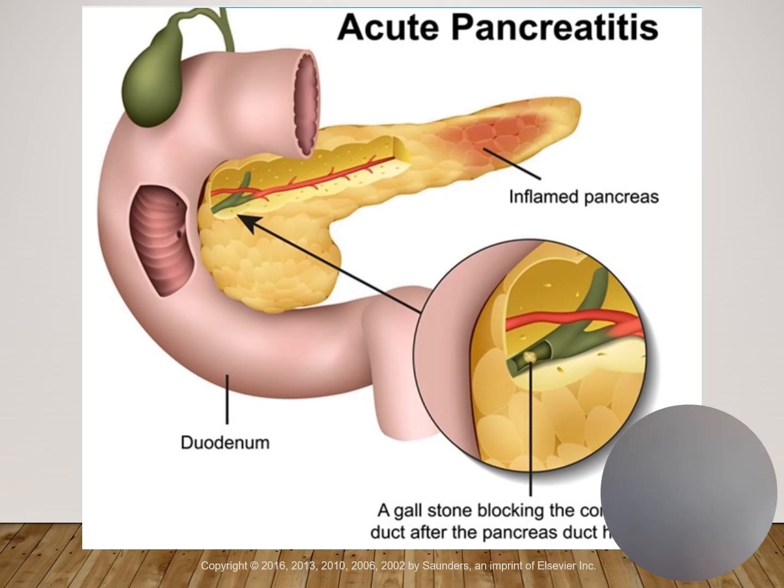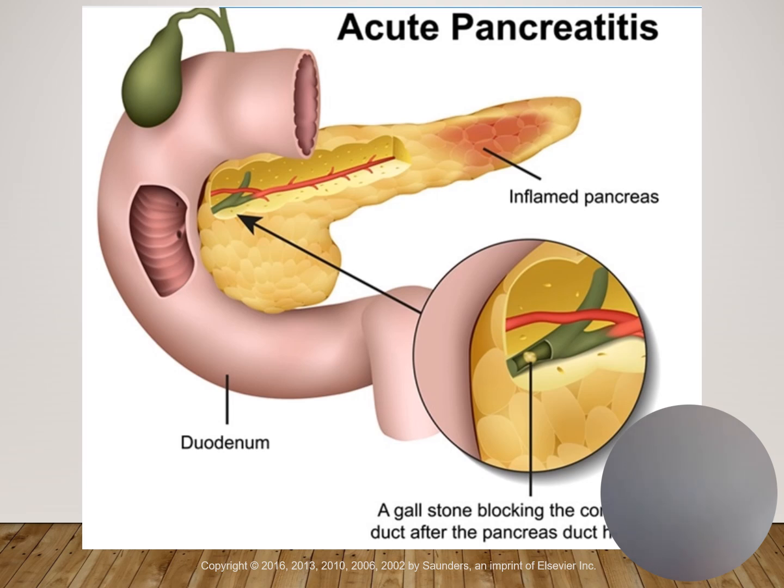So with acute pancreatitis, we need to first of all look at the pancreas. The pancreas is an endocrine gland that secretes insulin, and it's an exocrine gland that secretes enzymes that will become active in the small intestine to assist in the breakdown of starches, proteins, and fats.